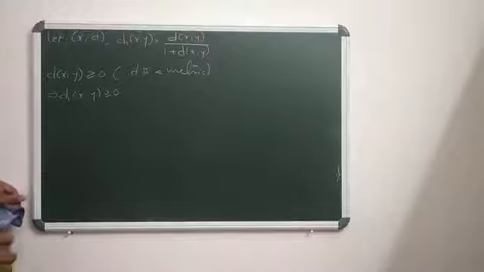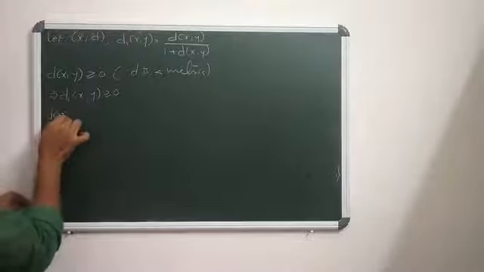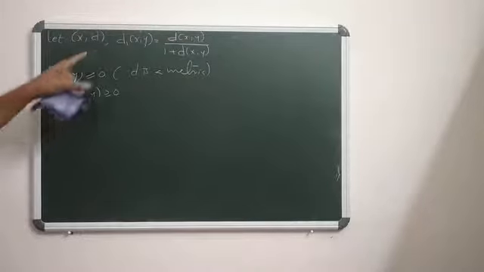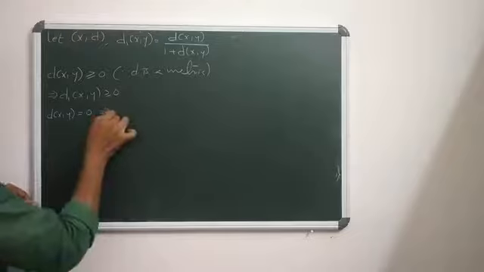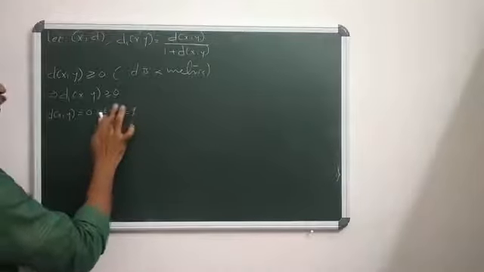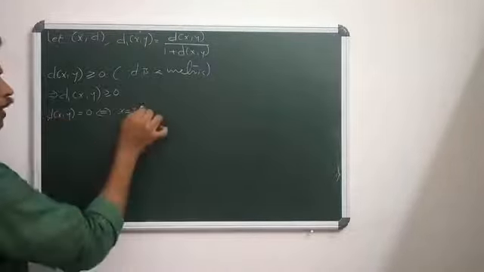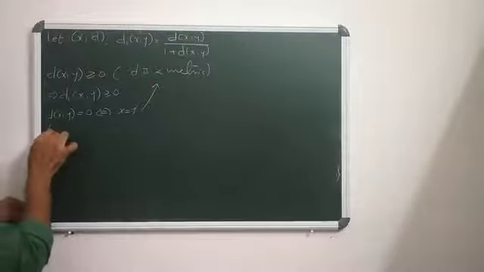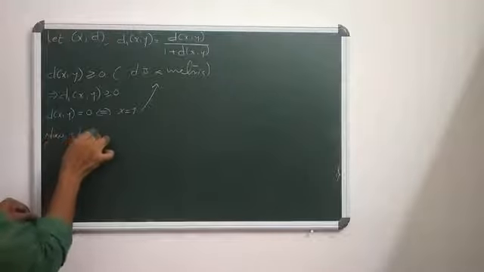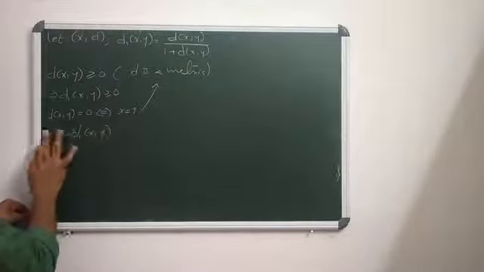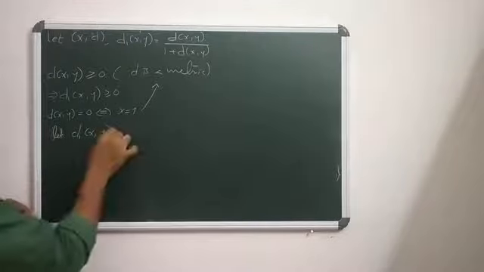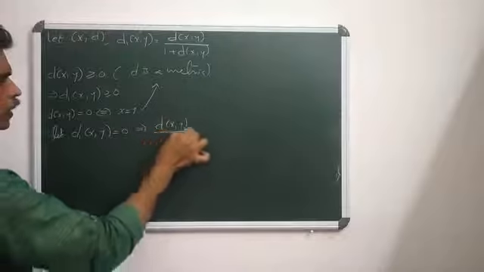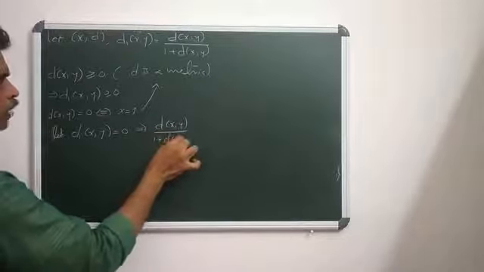Now d(x,y) equals 0 if and only if x equals y. Why? Because again d is a metric. Now let d1(x,y) equal 0. That means d(x,y) by 1 plus d(x,y) equals 0.